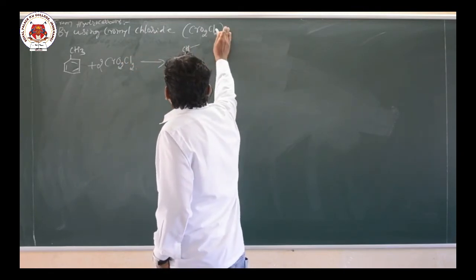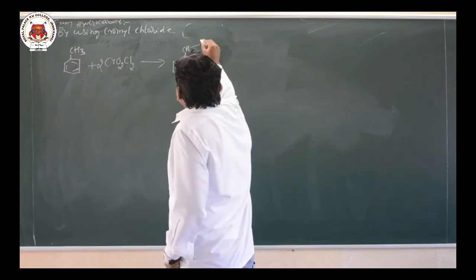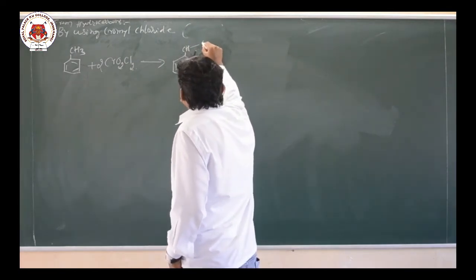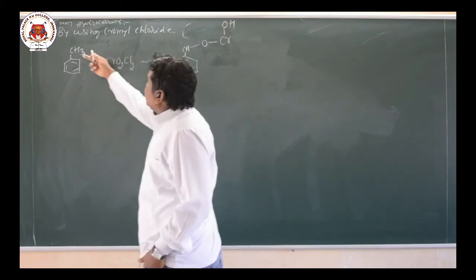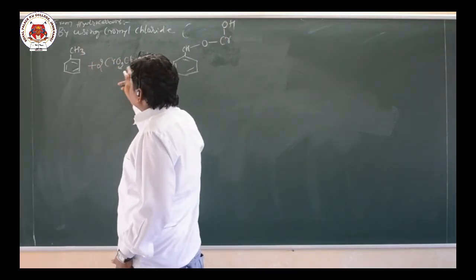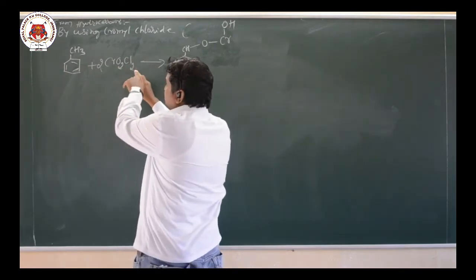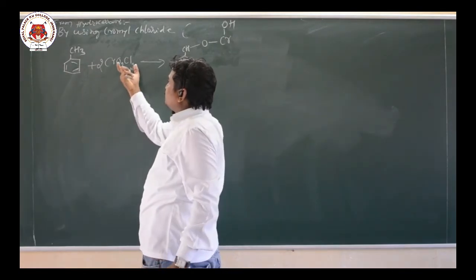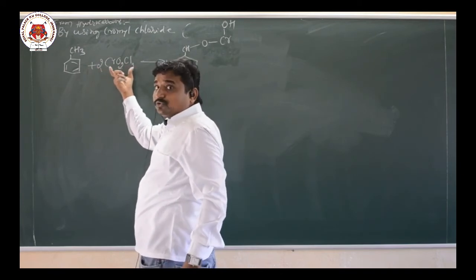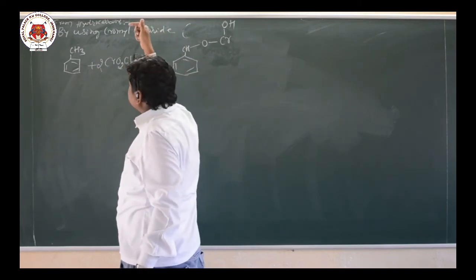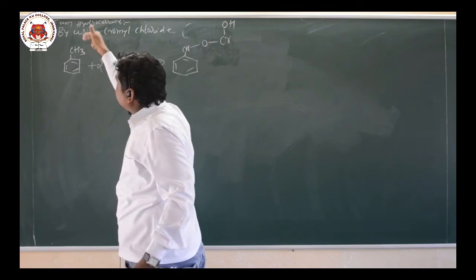So I will write this one, CH as it is, then here oxygen, CrOH. Here replacement of 2 hydrogen takes place and substitution of 2 CrO2Cl2 groups. So that will get substituted here and replacement of 2 hydrogen atoms.